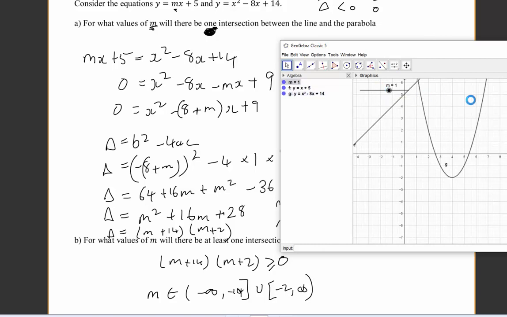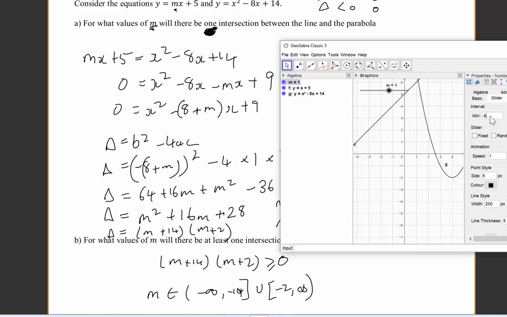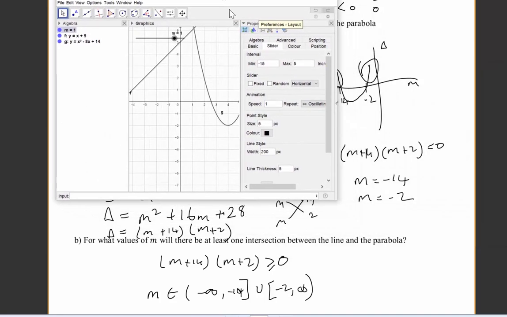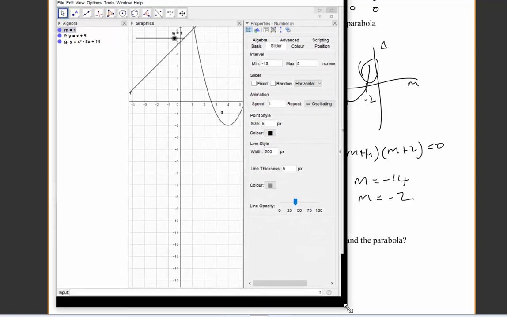Let's change the properties of that, so we want it to go to -15. I'm going to enlarge this. We found out that it will have one solution when m is either -14 or -2.